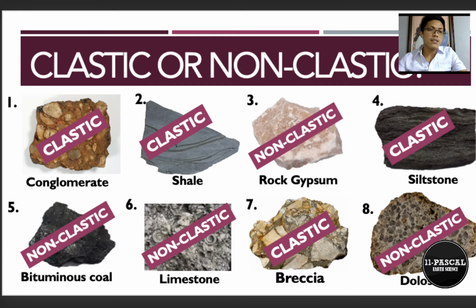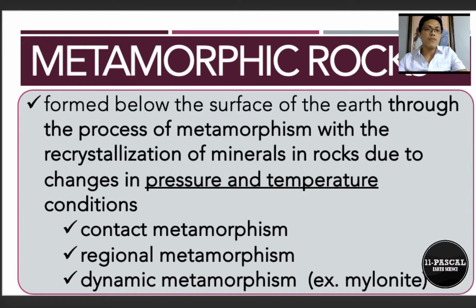Okay, we have the last classification of rocks: metamorphic rocks. Metamorphic rocks are formed below the surface of the earth through the process of metamorphism, with the crystallization of minerals in rocks due to changes in pressure and temperature conditions. Later, we are going to have a separate discussion about metamorphism and the different processes.